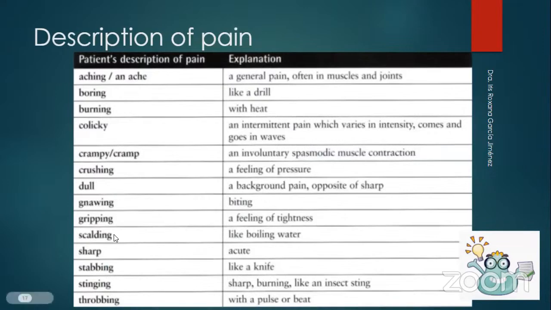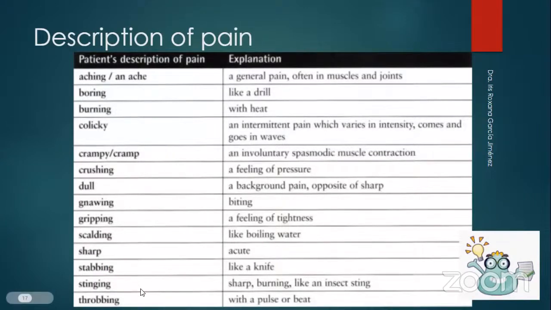For example, a patient can say, I'm gripping, meaning a feeling of tightness, but they just say gripping. This is stabbing. It's like a knife. That's the characteristic of the pain.